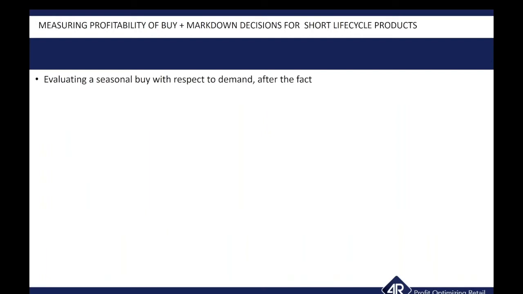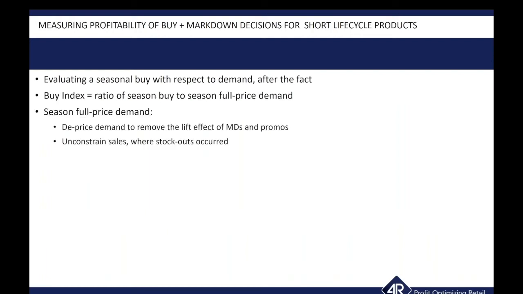So this, of course, we're talking about measuring performance after the end of the season, where we know exactly what happened. So let's introduce a concept which we call season full price demand. It's basically, for a seasonal item, what demand would be if we decided to keep the price at full retail throughout, and whenever there is a stock out, we knew how to correct for the stock out.